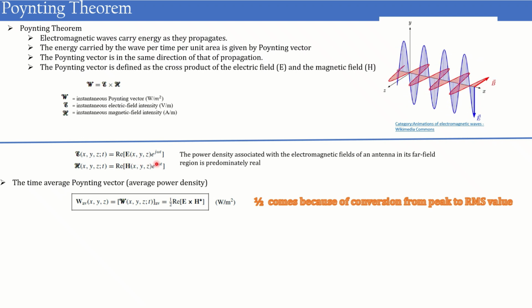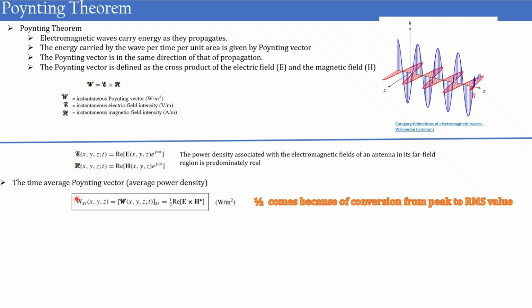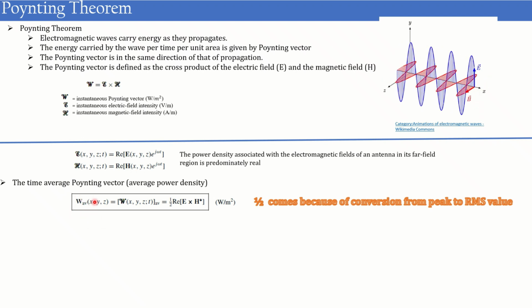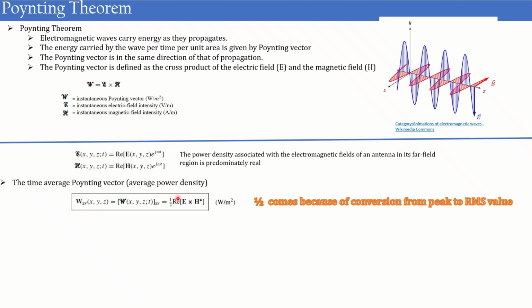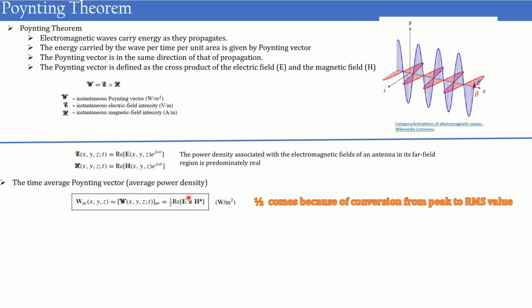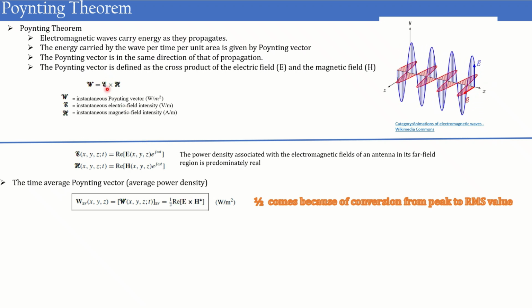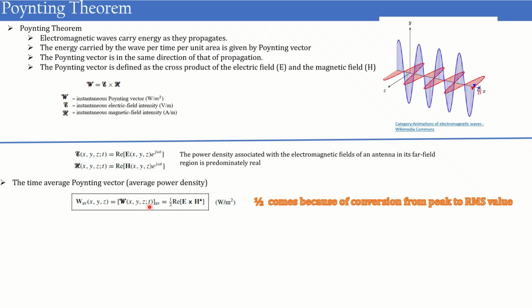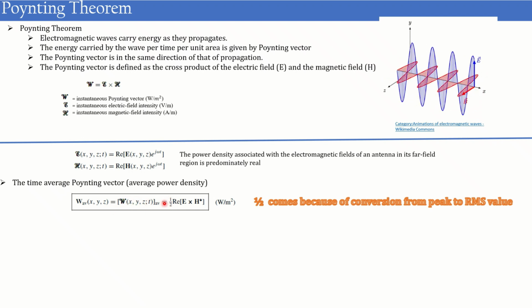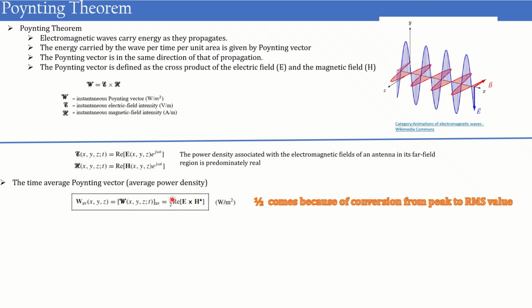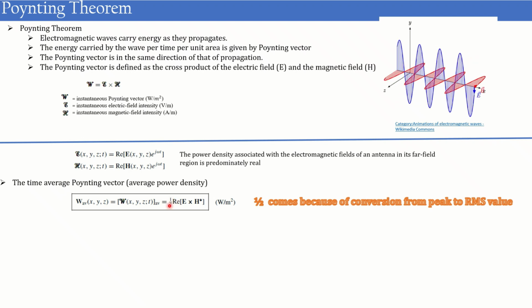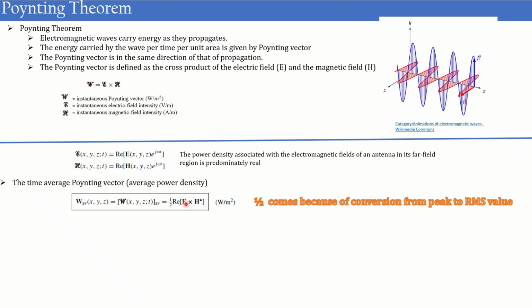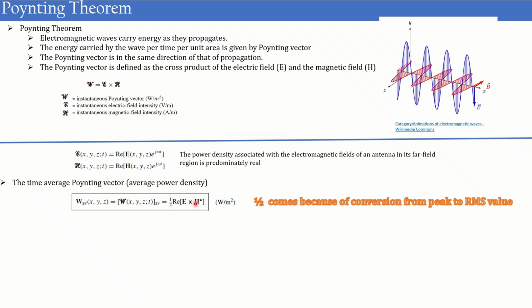So if we want to calculate the total average power, it can be given by the expression half of real part of E cross H. So it is the same expression as this, but it is averaged over time. And here you can see that the difference is we have added the value half, and here we are considering the peak electric and magnetic field.